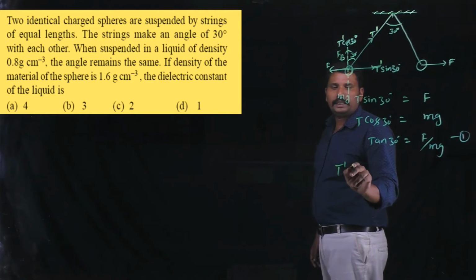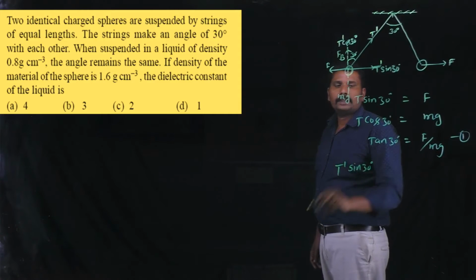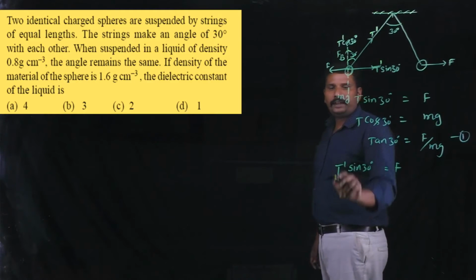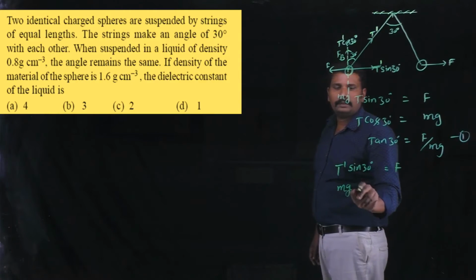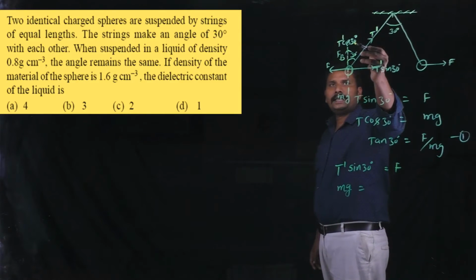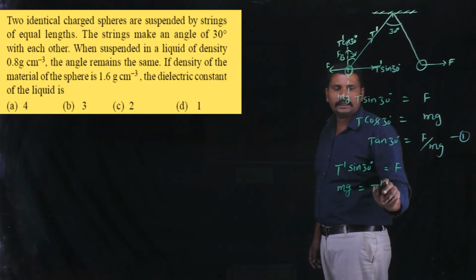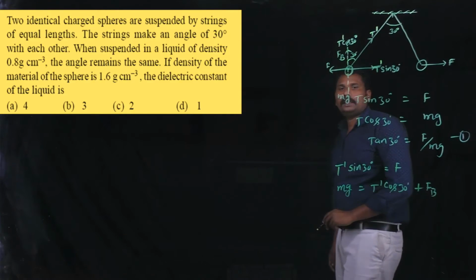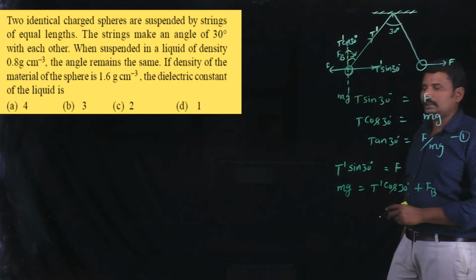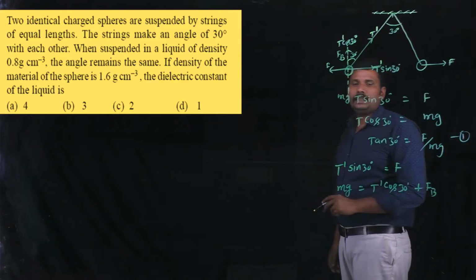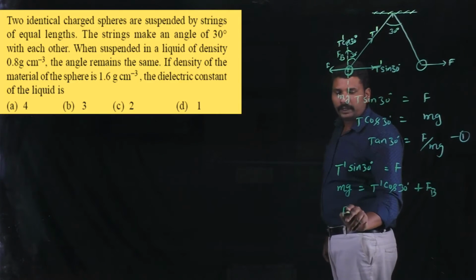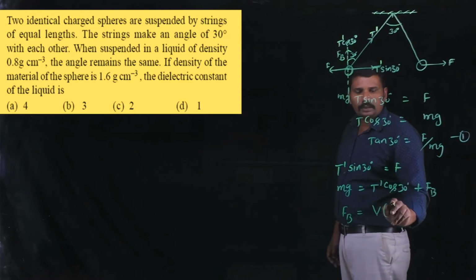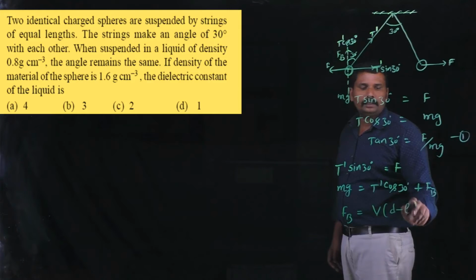Here, this T dash sin 30 balances the force and the weight mg balances T dash cos 30 plus buoyancy force. The buoyancy force acts on the system because the spheres are suspended in the liquid. The formula for the buoyancy force is V into density of the object minus density of the liquid into g.